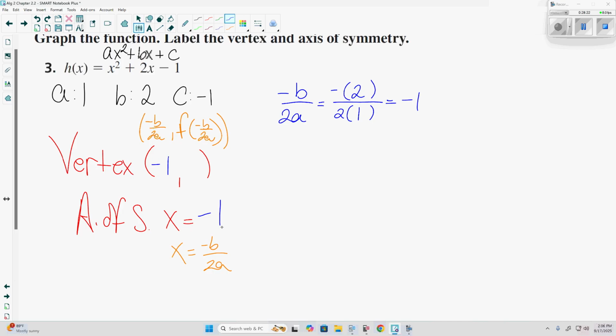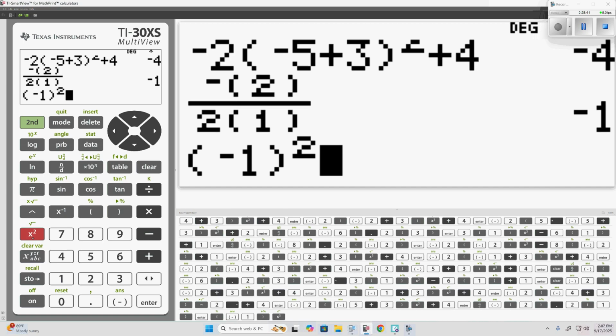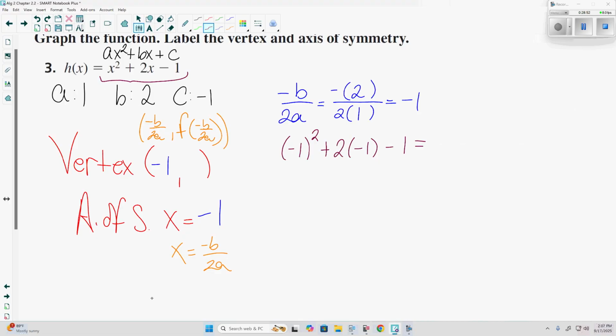Now the only other thing we have to do is find the y value, and we could do that by plugging this value back in. So we'd say -1 squared plus 2 times -1 minus 1. Let's make sure I got that written right.